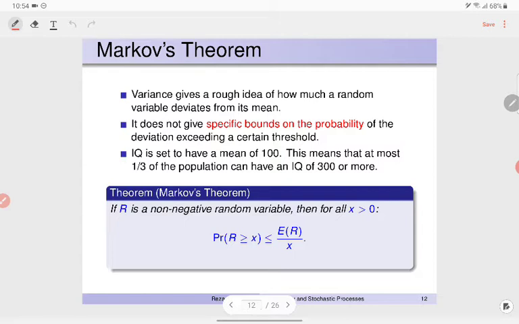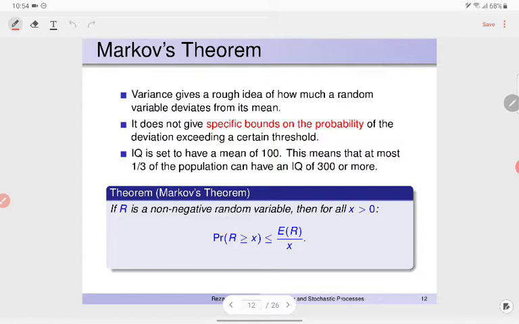The average IQ of everyone in the population is always equal to 100. If this is the only information that we have, we can already infer that at most 1/3 of the population can have an IQ of 300 or more.